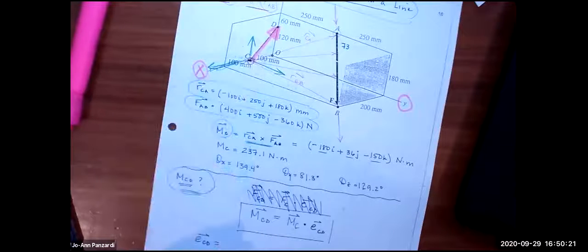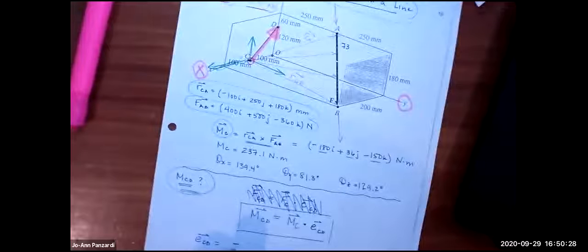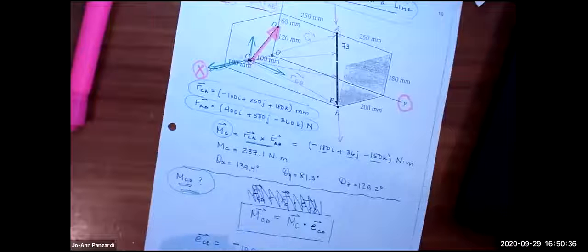What's the direction in the X? Negative 100i. And then in the Y? 0. I won't even write it. And how about the Z? Positive 120.